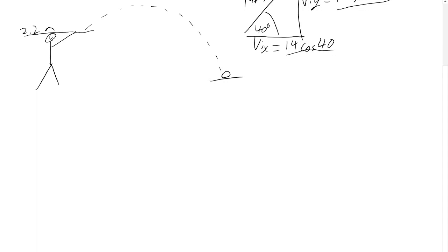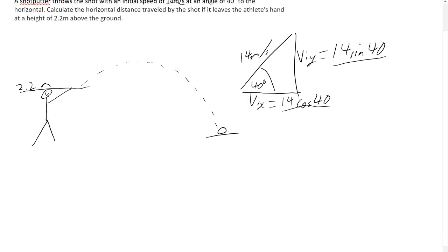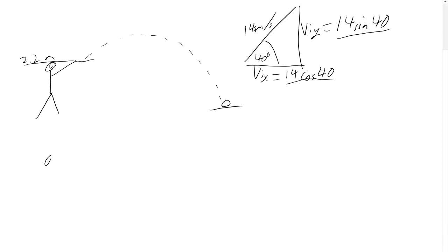So now for the next step, 2.2 meters above the ground. So we should usually start by using the formula d equals 1 over 2 at squared plus vit.